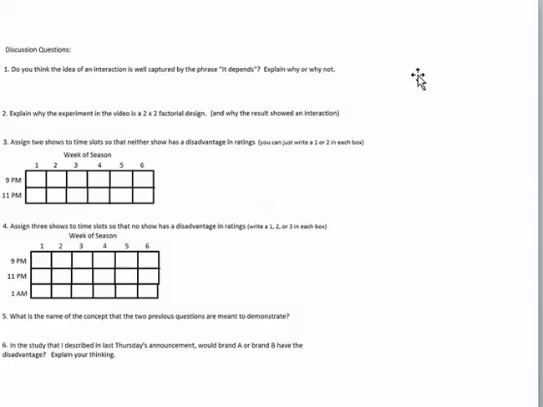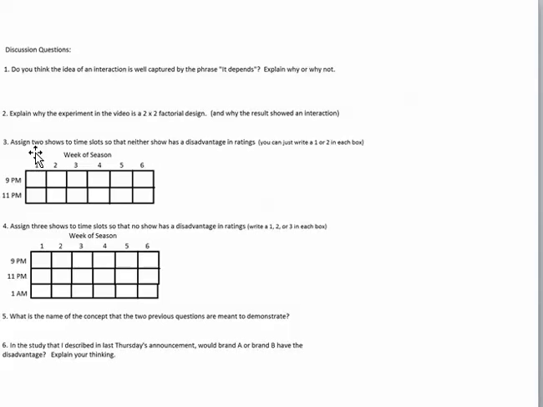In the outcome that was shown in the video, the effect that the attractiveness had on the sentence depended on the type of crime. So when it was a robbery, the attractive person got a lighter sentence. When it was a swindle, the attractive person got the harsher sentence.